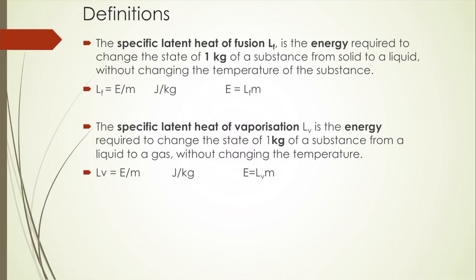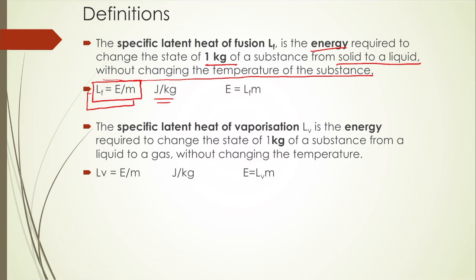Definitions. Specific latent heat of fusion, LF, is the energy required to change the state of 1 kilogram of a substance from solid to liquid. This is the important bit: without changing the temperature of the substance. So, the latent heat of fusion, we're going from solid to liquid, and it's the energy divided by mass, joules per kilogram.